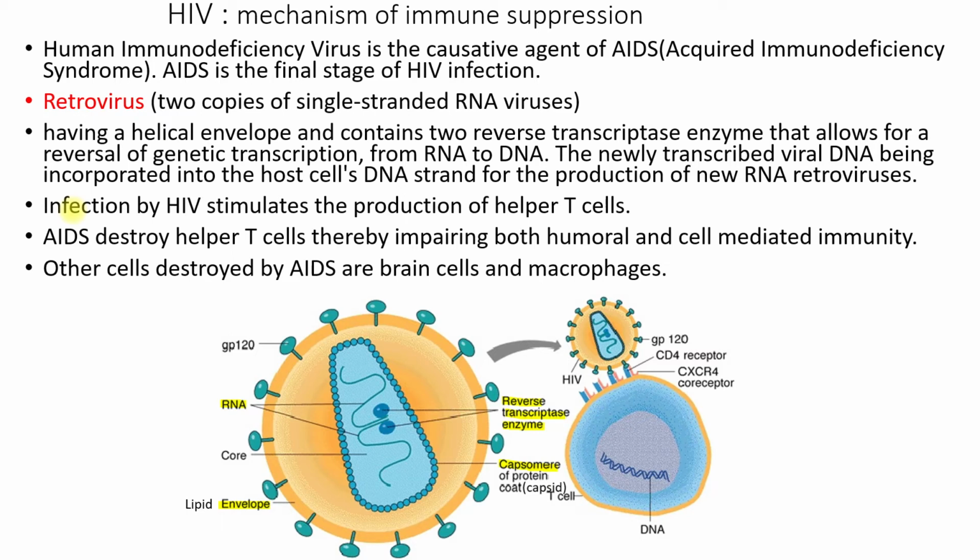So you can say that HIV indirectly destroys brain cells and macrophages. But actually, when the HIV infection has already progressed to AIDS, only then are the brain cells and macrophages destroyed.